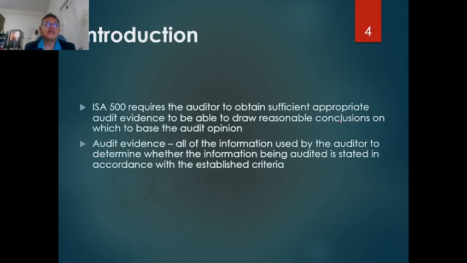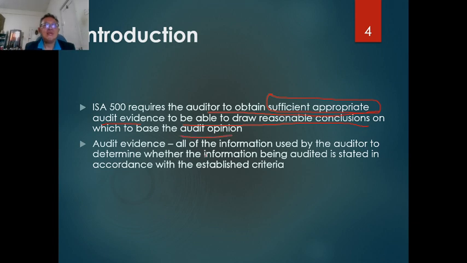Now SIA requires that auditors obtain sufficient appropriate audit evidence. So this is the keyword: it must be sufficient and appropriate. Why is this important for the auditor? It is to enable them to draw a reasonable conclusion for an audit opinion.